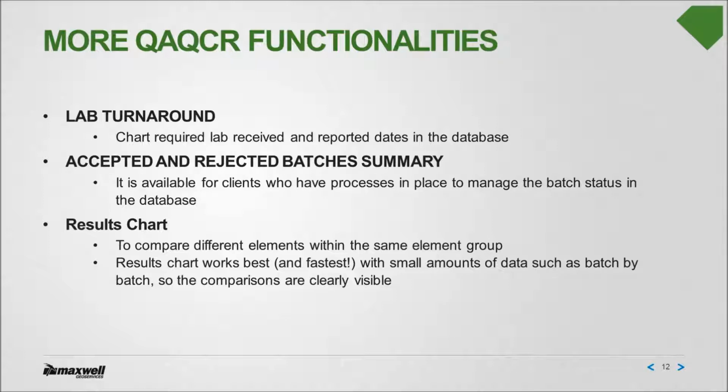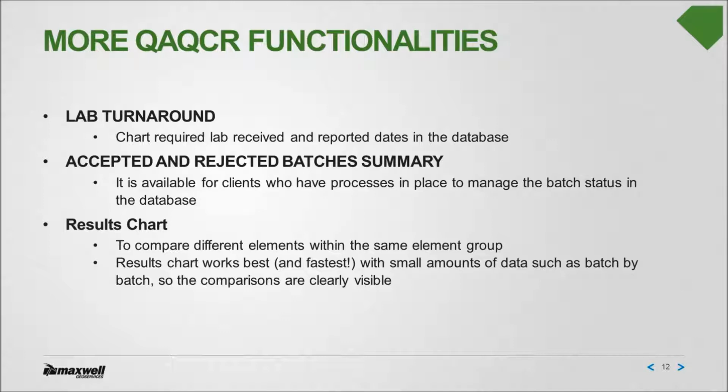Results chart. It's useful to compare results between different elements, mostly for clients mining rare earth elements. They have those signatures to plot, to compare what kind of signature the mining ore body has. It's a very good tool to plot and see the relationship between different elements.